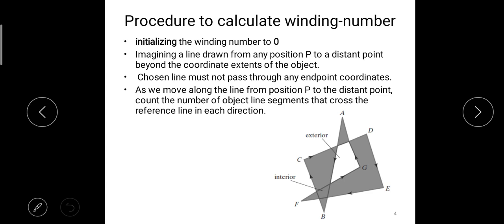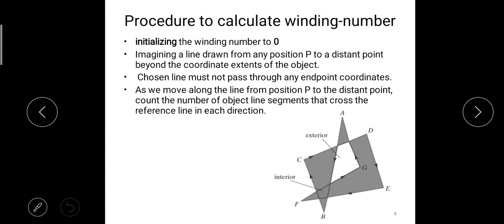Next, as we move along the line from position P to the distant point, count the number of object line segments that cross the reference line in each direction. The difference here is, in the first algorithm we were counting how many line segments intersect, but here we also have to take care of the direction of those line segments that cross our reference line.